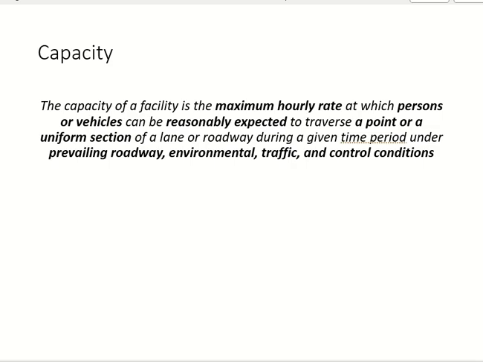Now, are these two different or same? Volume and flow rate, are they the same thing, or are they different? They are different, right?